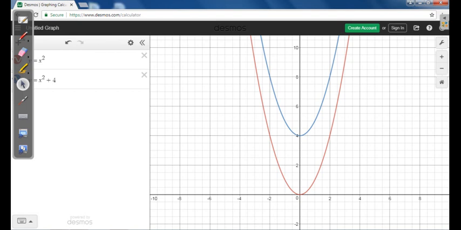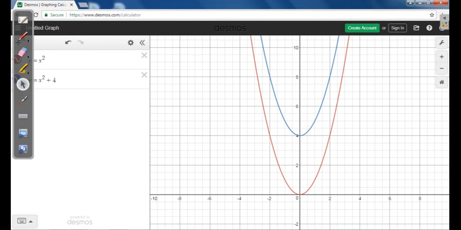What happened to the actual graph itself? Instead of being right here, what happened to the graph? It went up, right? We call that translation, 4 units up in this case, okay?